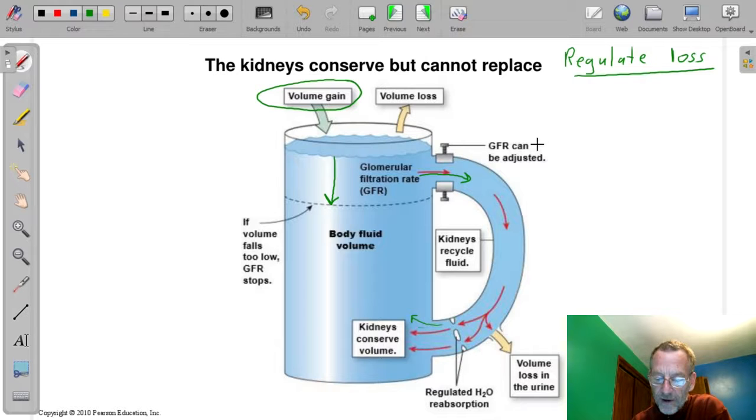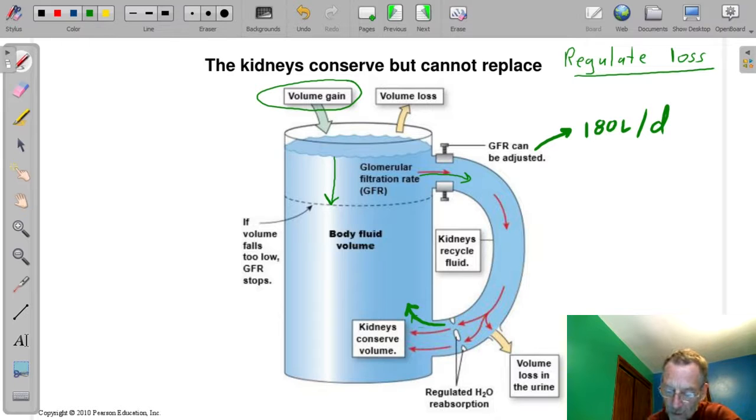Remember the GFR? Remember about what it was? About 180 liters per day flowing through the handle of this mug. And about 99% of it was reabsorbed.